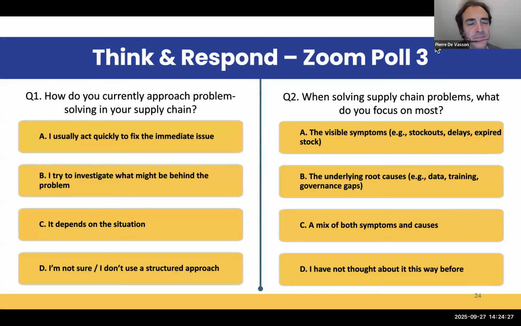Underlying root cause at 45%, a mix of both symptoms and causes, 48. Very nice. So this is almost 90%. This is great. How do you currently approach problem solving? Try to investigate what might be behind the problem. Now, it's good to ask what is behind the problem, but do you reach the ultimate root causes? That's the question.